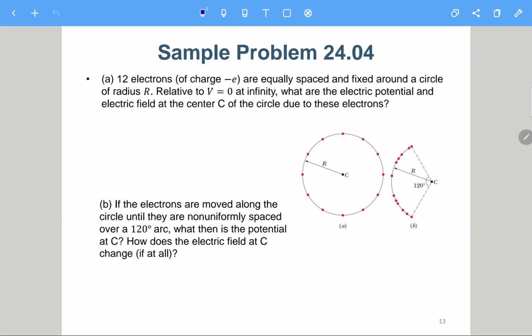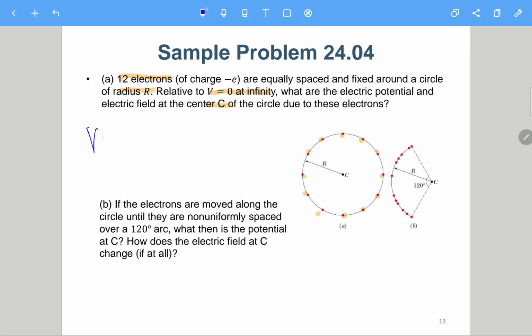So next we have another sample problem. We have 12 electrons of charge minus e, equally spaced and fixed around a circle of radius R. So this one is like a clock. Relative to V equals 0 at infinity, what is the electric potential at the center due to these electrons?